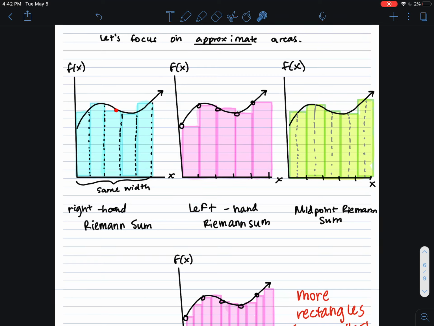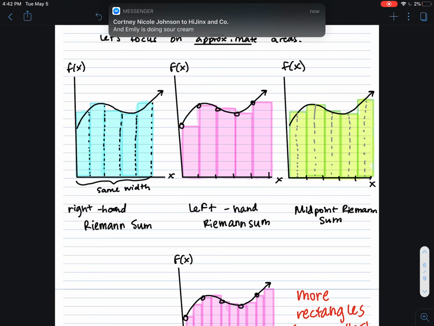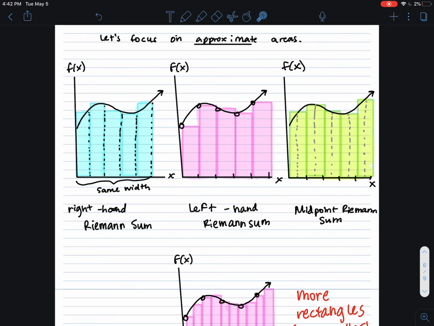And when our functions are decreasing, going down, our area is underestimated by the right-hand Riemann sum. And the opposite is true for left-hand Riemann sums. So if our function is increasing and we have a left-hand Riemann sum, then it underestimates it. And if our function is decreasing and we have a left-hand Riemann sum, it overestimates it.